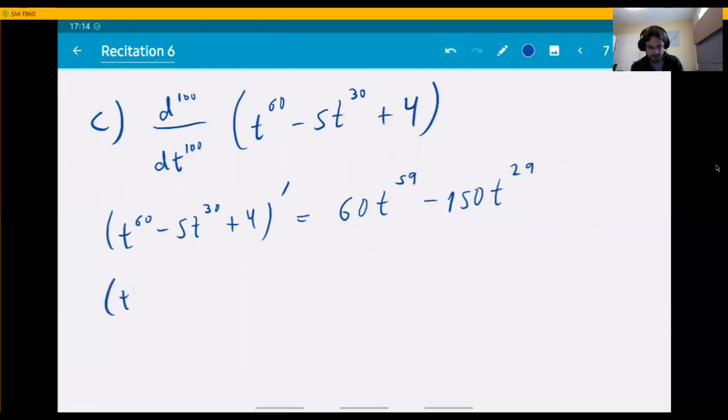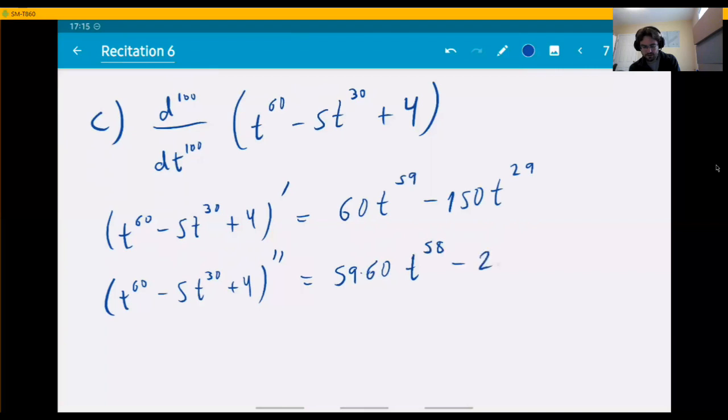If you wanted to differentiate again, double prime, let's differentiate this one more time. The 59 will come in front of the 60. We don't have to compute this big number, but the 59 power will lose 1 unit. Similarly, the 29 power will lose another unit.